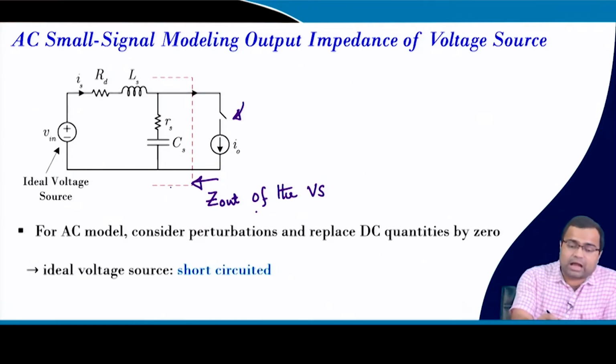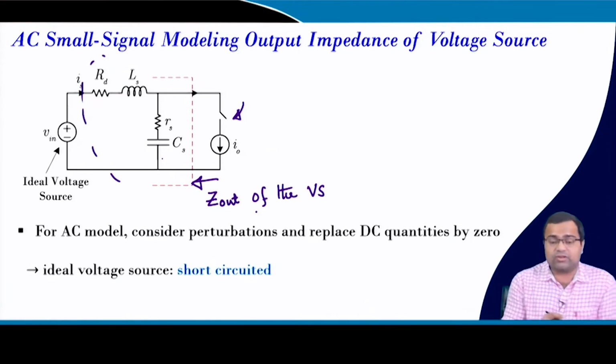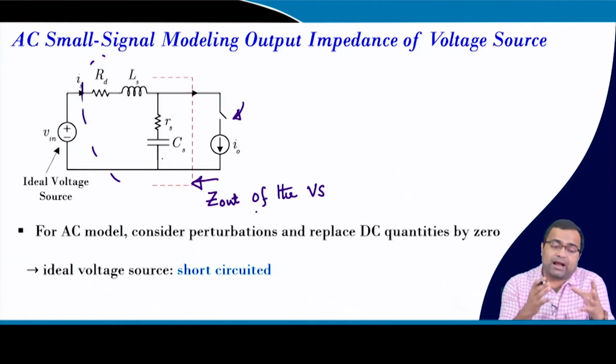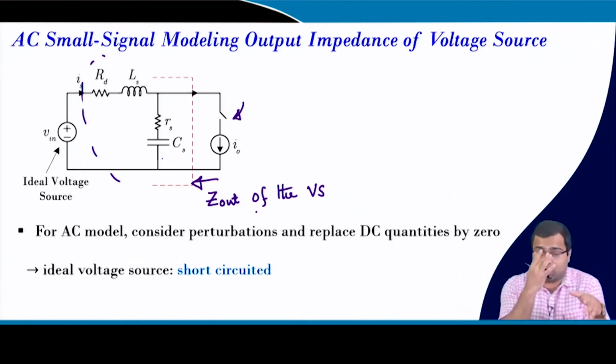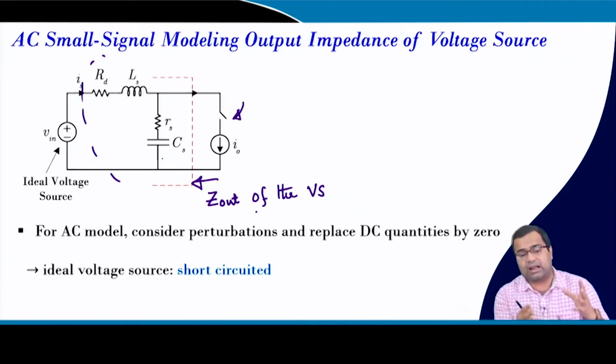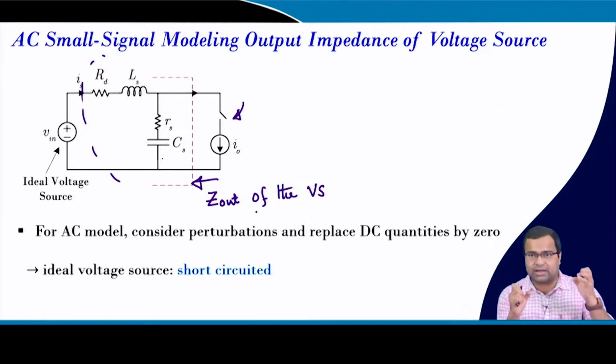In order to get the output impedance characteristics of this source, we need to get the AC equivalent circuit. We will learn in a subsequent lecture that from a given circuit we can extract the DC equivalent circuit and the AC equivalent circuit, and the original model is a large-signal model which considers both DC and AC.